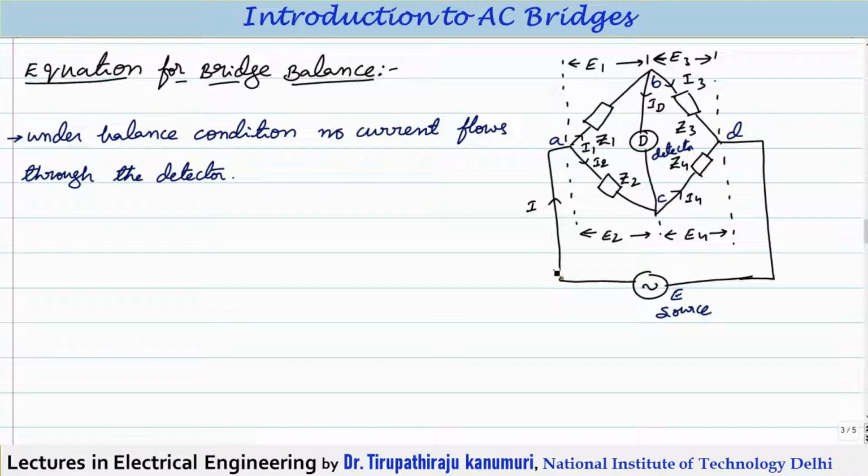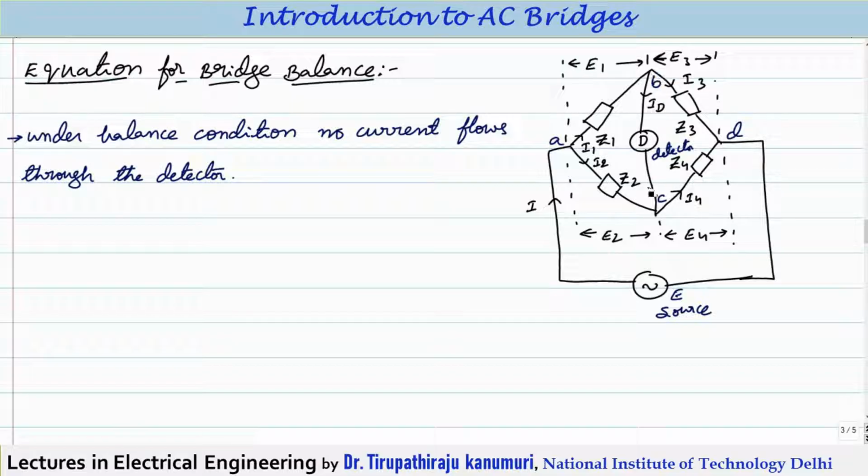Under balanced condition, because the detector should show a 0 reading, the current passing through the detector will be 0. That means when ID is equal to 0, I1 will be equal to I3, and similarly, I2 will be equal to I4. Otherwise, we can say the current passing through the detector will be 0 only when the potential between points B and C is equal to 0.